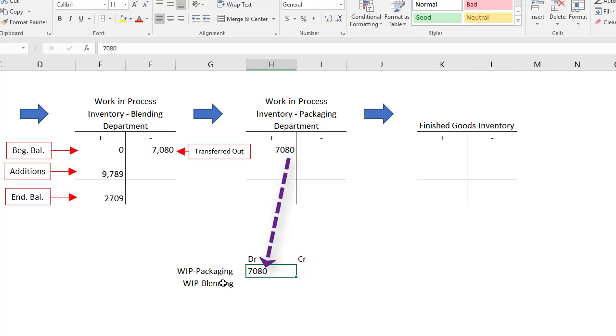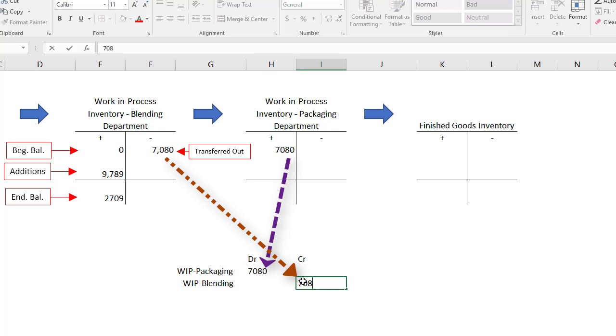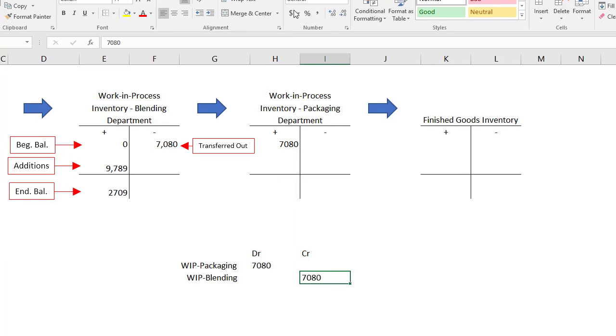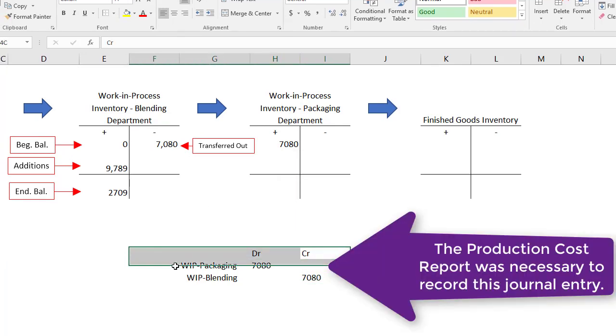And then work in process blending is going down, so that is our credit, 7,080. So that production cost report is a lot of work just to do this journal entry. Remember, this is a journal entry to transfer costs from blending right here to packaging.